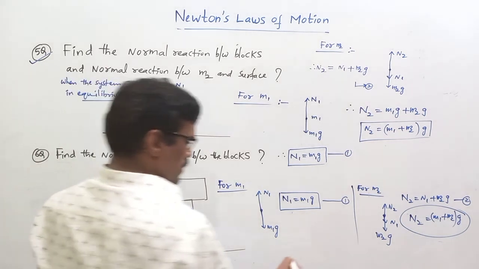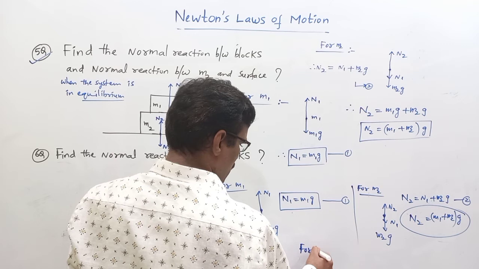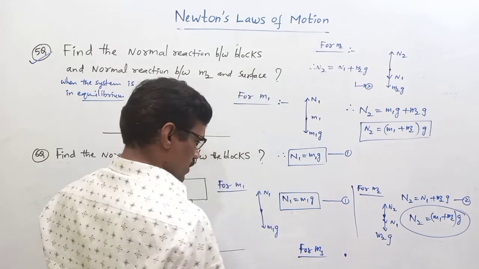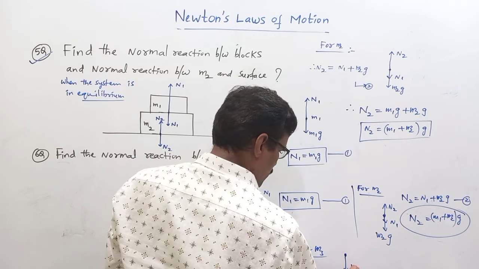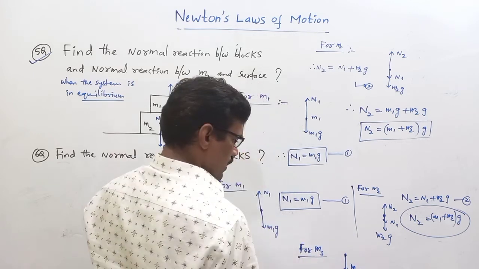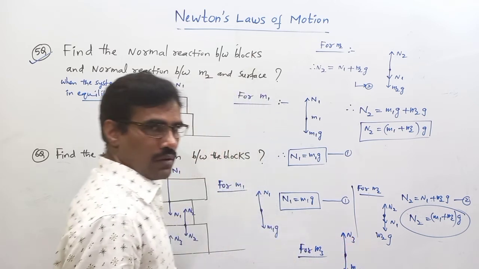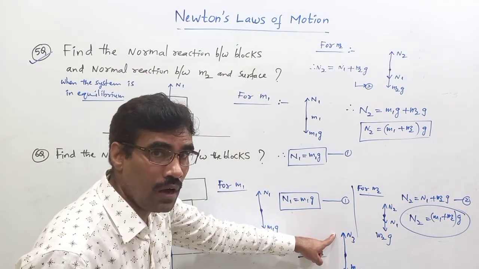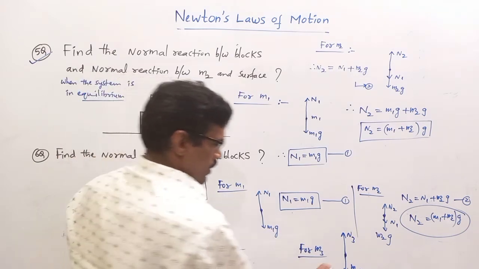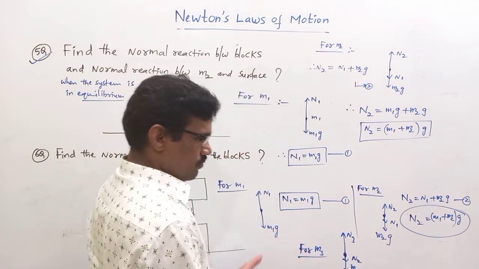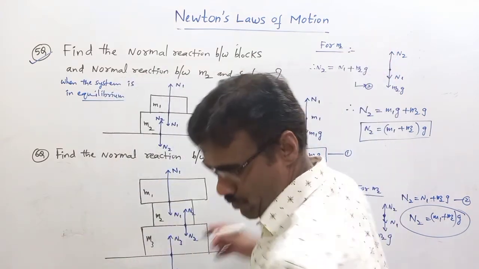The last one is for M3. For M3, free body diagram, all of you write. Free body diagram. M3G down. Clear. And upward is N3, the normal reaction on M3. Then here, N2 is down. It is in equilibrium. Your answer is simple.